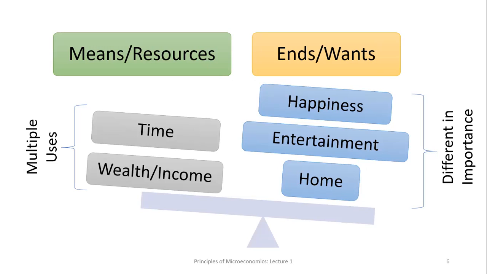So there are multiple uses. Similarly, if you have, let's say, 1 million rupees with you, you can spend it on so many goods, and it all depends upon your preferences. Similarly, all the wants are not equally important. Some wants are more important and some wants are less important.